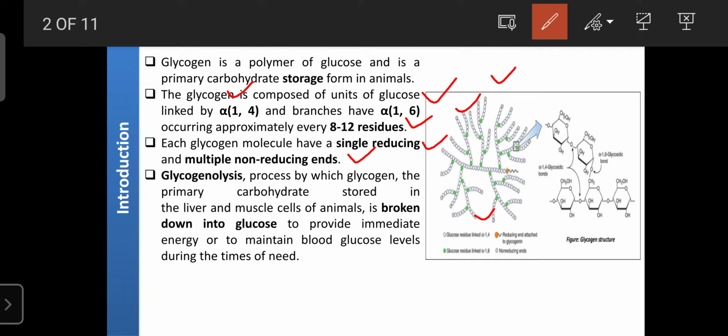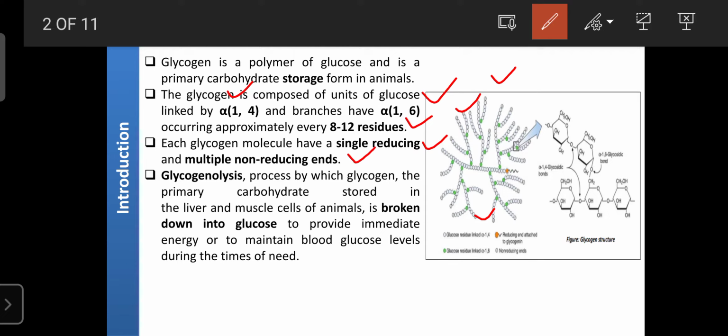Glycogenolysis is the process by which glycogen, the primary carbohydrate stored in the liver and muscle cells, is broken down into glucose to provide immediate energy or to maintain the blood glucose level in times of need, in case of emergency.